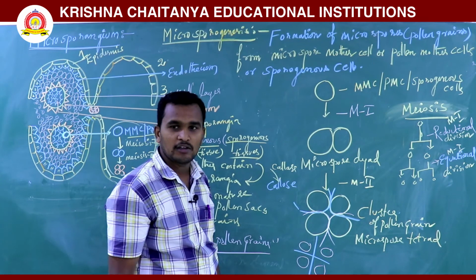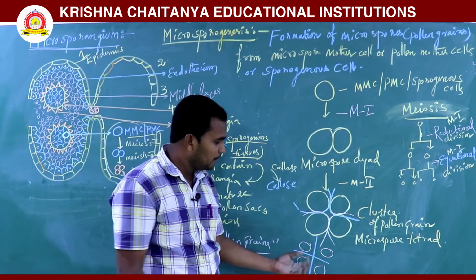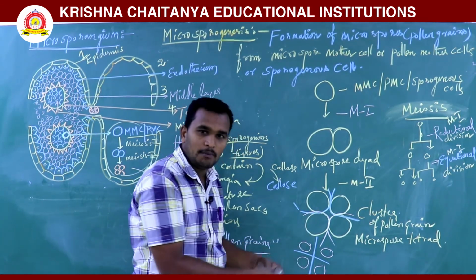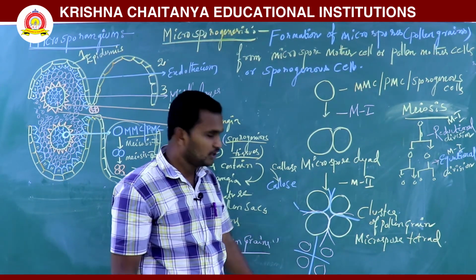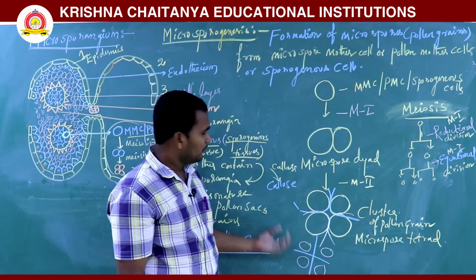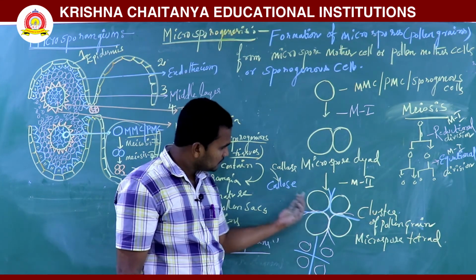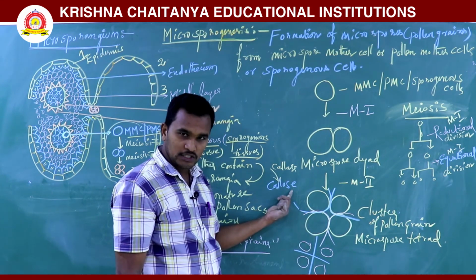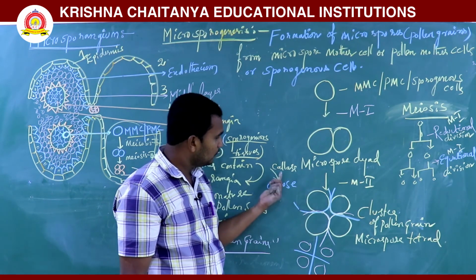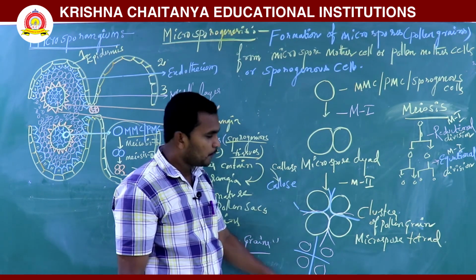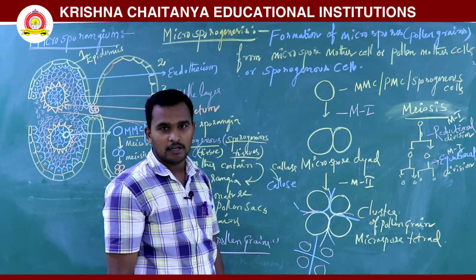Finally the pollen grains, all clustered now, are dissociated and released into the atmosphere. When the anther is fully matured, the callose is broken down by the callase enzyme, and the pollen grains are dissociated.